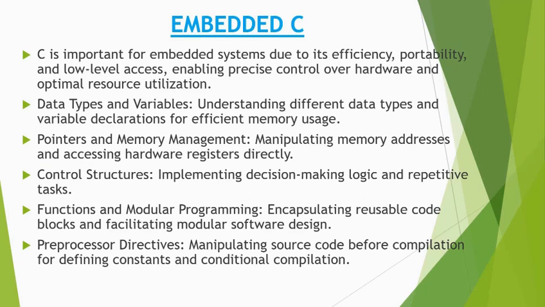Control structures: implementing decision making logic and repetitive tasks. Functions and modular programming: encapsulating reusable code blocks and facilitating modular software design. Preprocessor directives: manipulating source code before compilation for defining constants and conditional compilation.